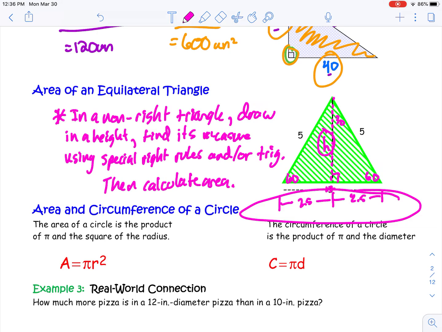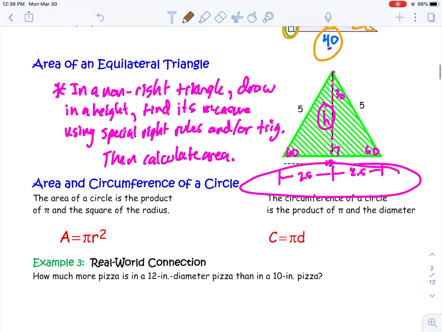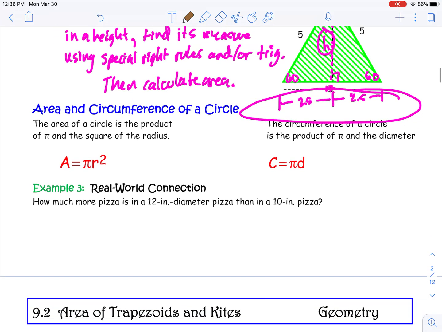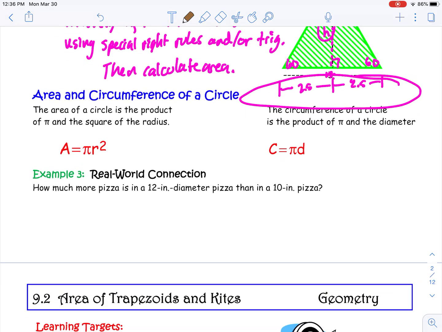Great. Now, the last basic area formula you probably learned when you were introduced to area is the area of a circle. And this is actually kind of an interesting thing because it introduced the idea of pi. Pi is an irrational number, but it's a number that describes the relationship between the diameter of a circle, which is the distance straight across, and the circumference, which is the distance around the curve.